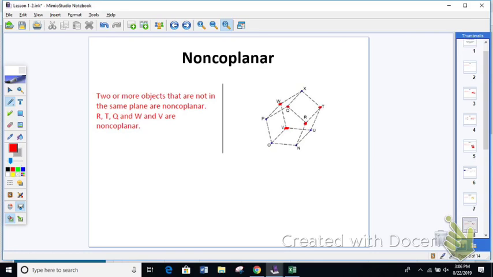They are not all 5 on the same flat surface. I could take a smaller amount of them and find some that are coplanar, but not all 5 of them are in the same plane, in that same flat surface.